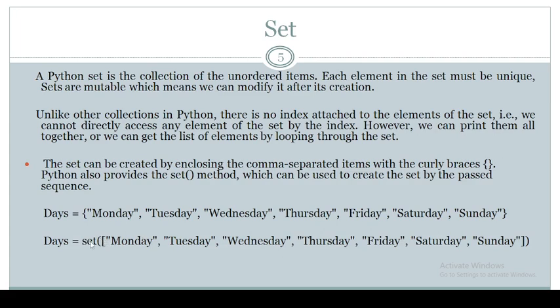So whenever we declare a set using the set method, we have a list within the set method, or we can use curly brackets to store the elements inside a set. So this is about the set.